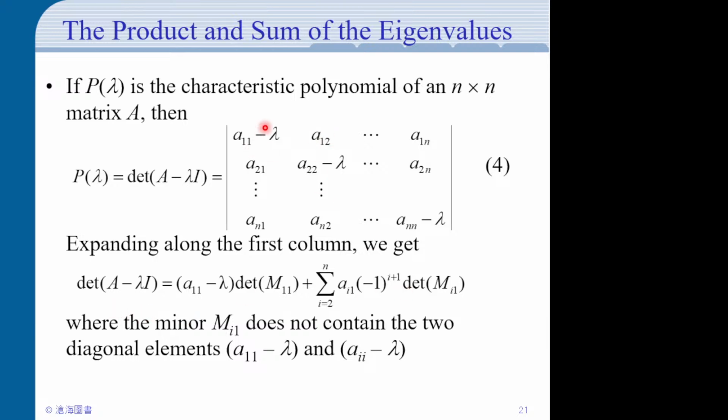The first element is A11 minus lambda, times the determinant of its submatrix, and then you sum over all other terms: A21, A31, all the way to An1, times their corresponding cofactor, which is minus 1 to the i plus 1, times the determinant of the corresponding submatrix.